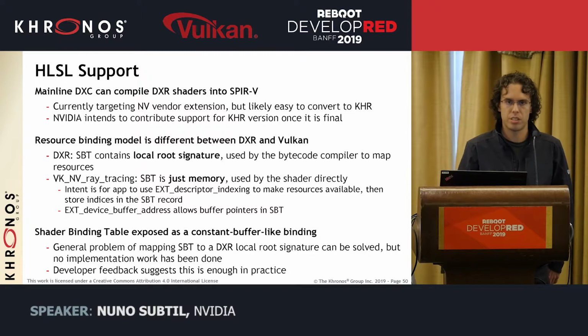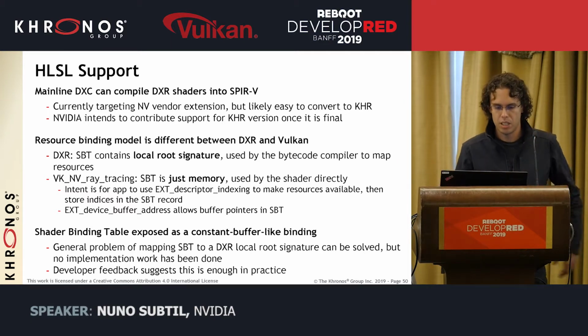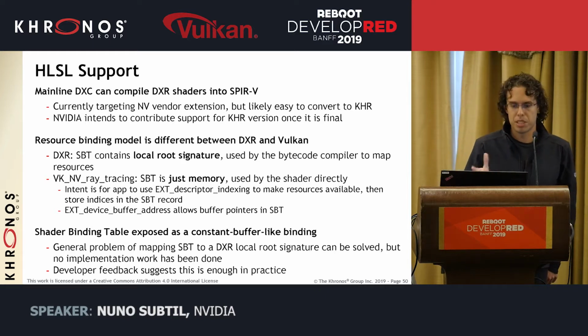So if you have a hit shader, you can put buffer references in your SBT and the local root signature directly, but you can't do that with Vulkan because the SBT is just data, and Vulkan does not allow you to have a pointer to a texture or a pointer to a buffer as data. With the caveat that device buffer address actually allows limited buffer pointers to be expressed in memory. So you can actually put those in the SBT, but you can't have a handle to a texture in the SBT in Vulkan.